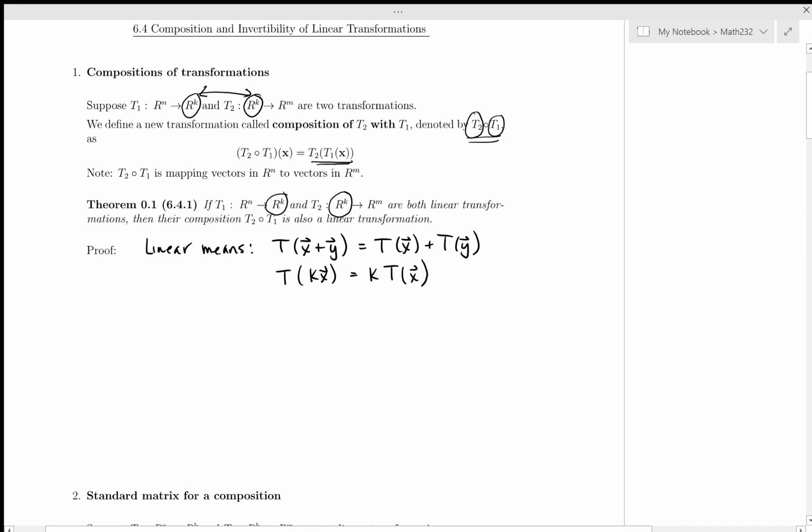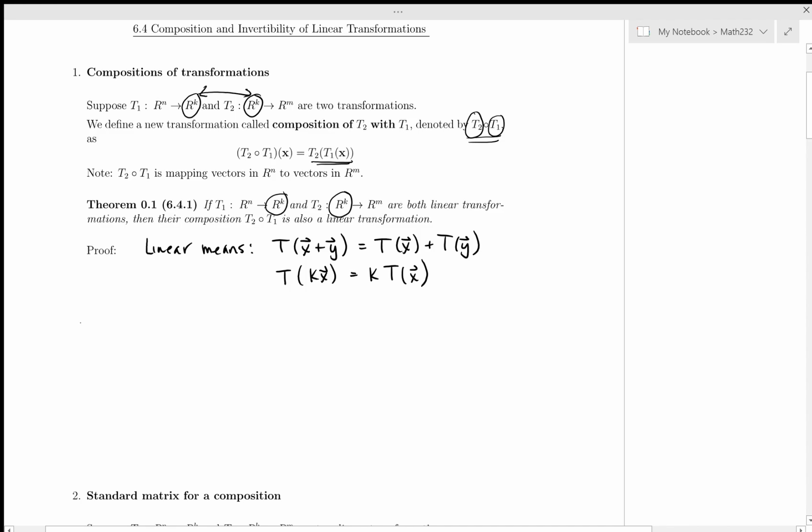Okay, so those are the two things that you need for something to be linear. So what we're going to do is go through the composition of these two transformations and show that the composed transformation satisfies both of these requirements, and then the proof will conclude that T2 of T1 of x is also linear.